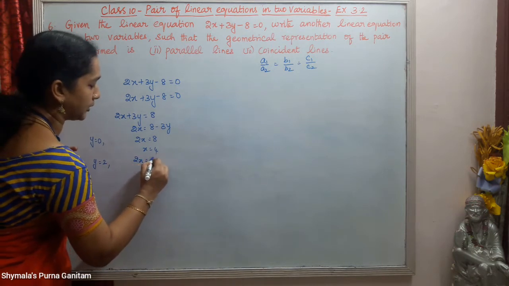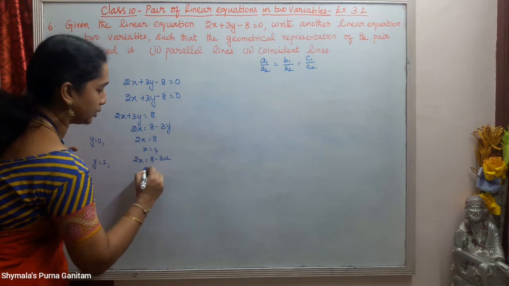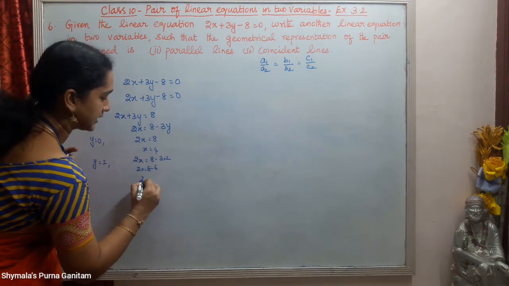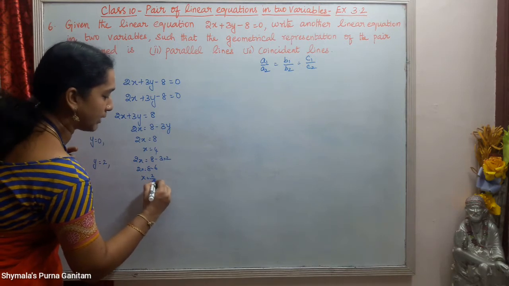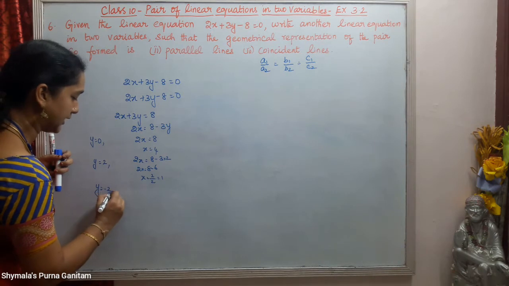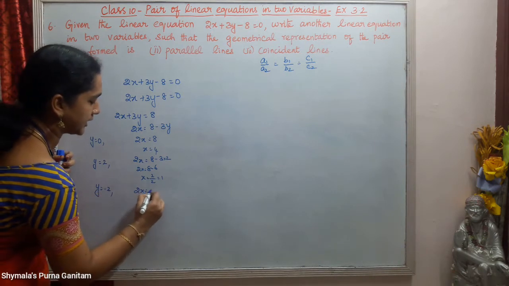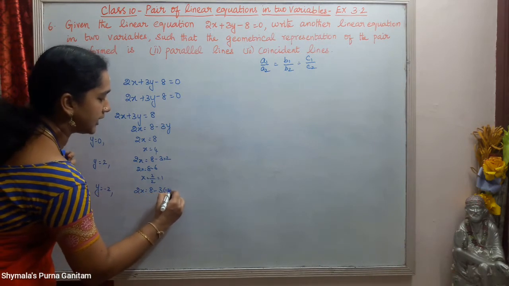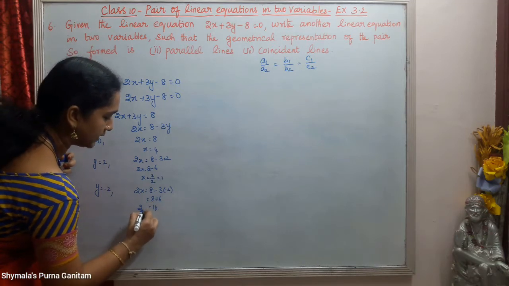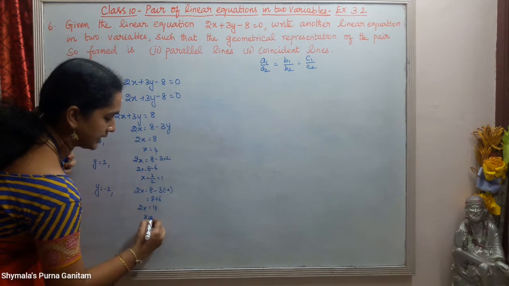So 2x is equal to 8 minus 3 into 2, so 8 minus 6. So x is equal to 2 by 2, that is equal to 1. Okay, then y is equal to minus 2. So 2x is equal to 8 minus 3 into minus 2, so 8 plus 6, that is 14. 2x is 14, so x is equal to 7.